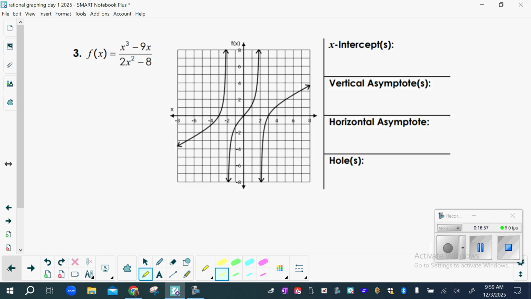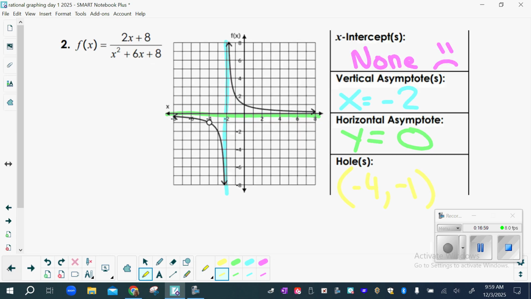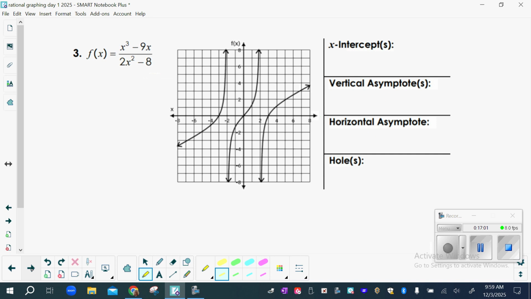Sometimes we have none. None is fair. But sometimes we have more than one, and that's okay too. So on this one, we're not going to do it, but watch this. I have a vertical asymptote here at x equals -2.